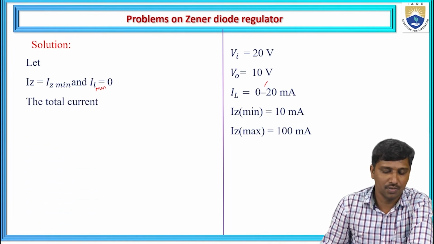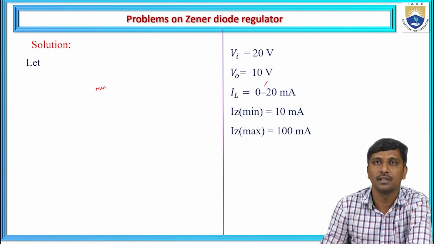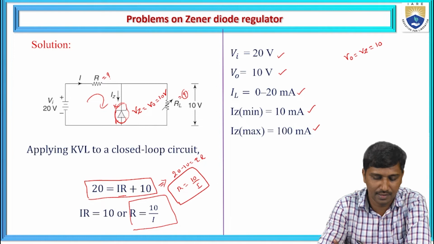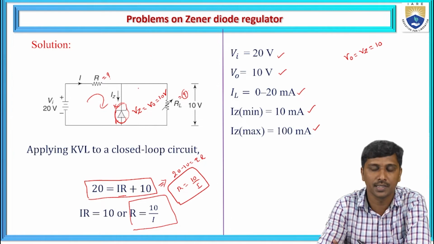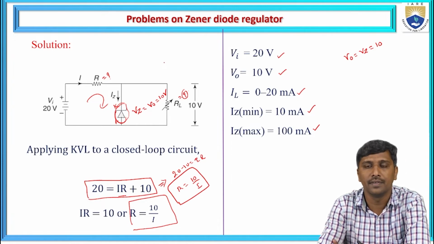Now we need to calculate the total current I. If you observe the given circuit, this current I is leaving towards the Zener as well as the load. According to KCL, the entry current is equal to the leaving currents.